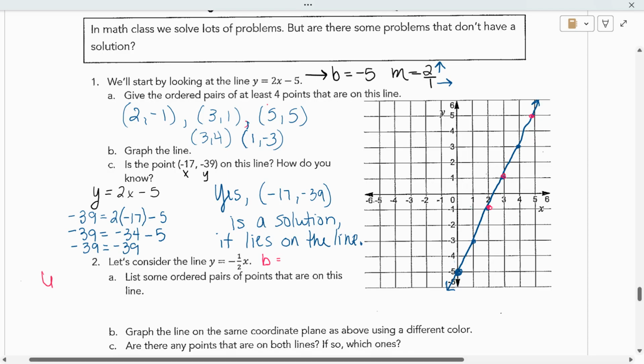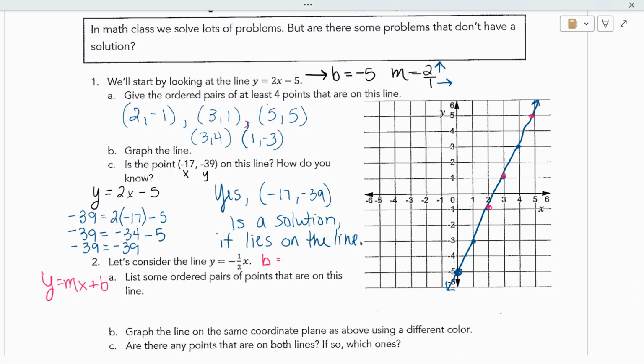Remember that our equations are written in this form, Victoria: y equals m times x plus b. What are we adding after that x term? Are we adding anything?